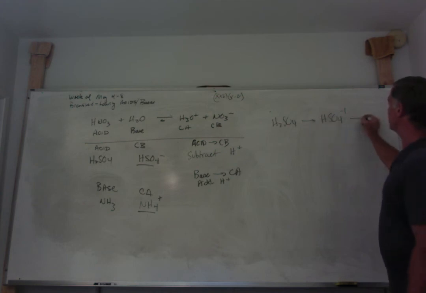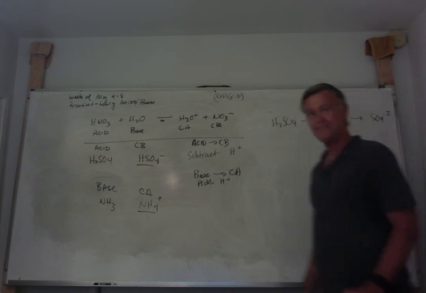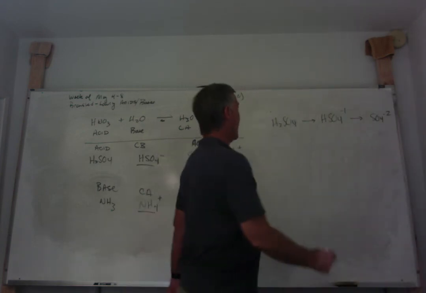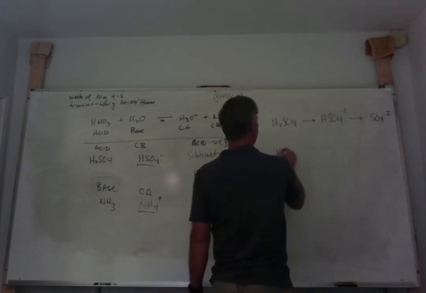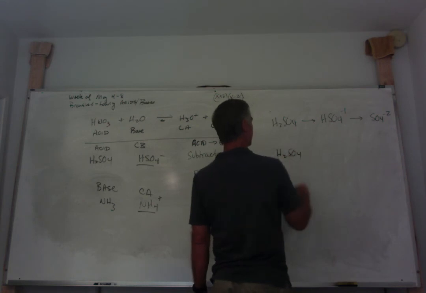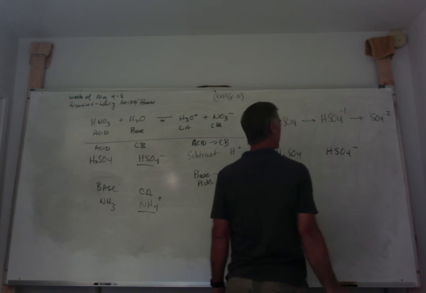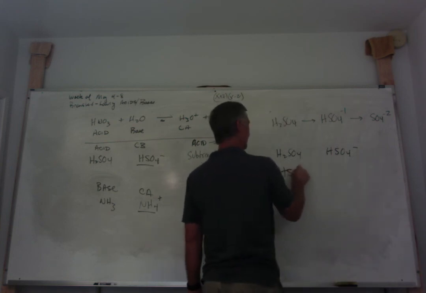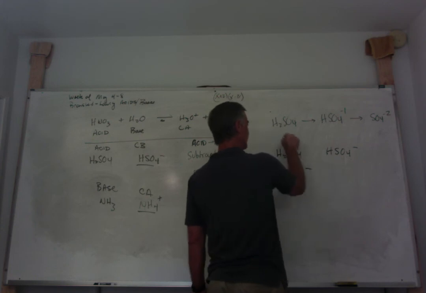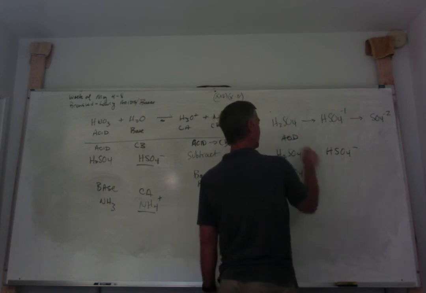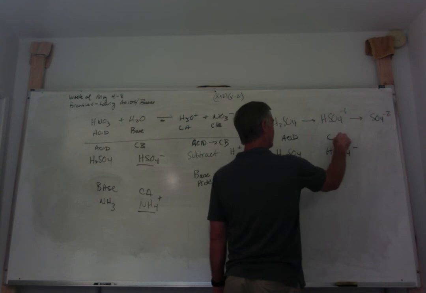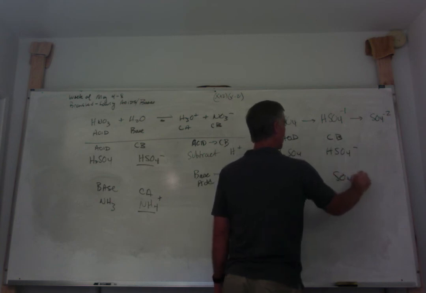And this one can go over here and become SO4 minus 2. So if I was to ask, this is my acid, H2SO4, what's its conjugate base? HSO4 minus. But if I said HSO4 minus is my acid, what is its conjugate base? Its conjugate base would be SO4 minus 2.